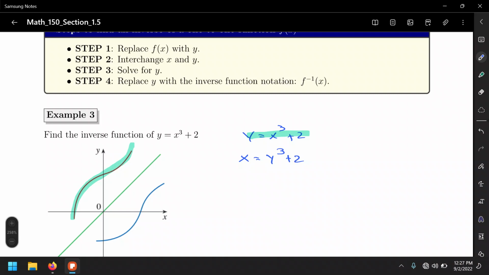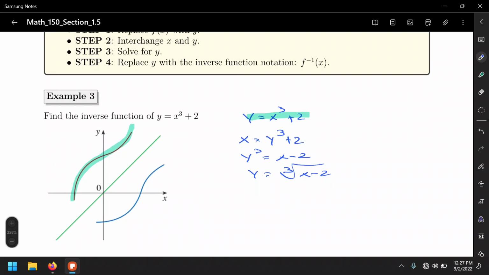Subtract 2 from both sides to get y cubed equals x minus 2. And to get y by itself, so we have y cubed, what do we do to get the y by itself, by the way? Cube root. Take the cube root on both sides, right? So y equals the cube root of x minus 2. We also look at the graph of the cube root. On Monday, I think, when we looked at the parent graphs, we looked at the graphs of radical functions of odd indices and radicals of even indices, right?